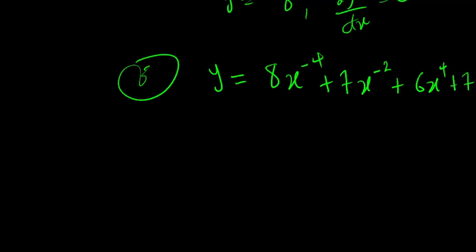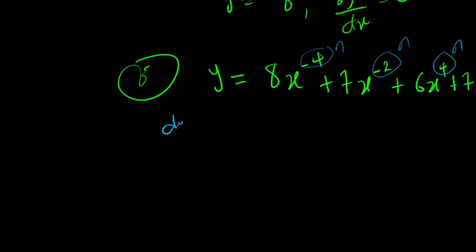Let's say I have this. So how are we going to undo this? Since what we have is already in terms of the standard, this is our n, this is our n, this is our n.